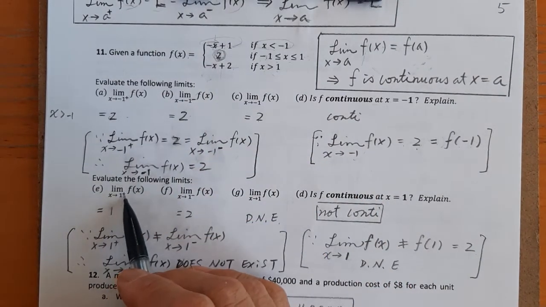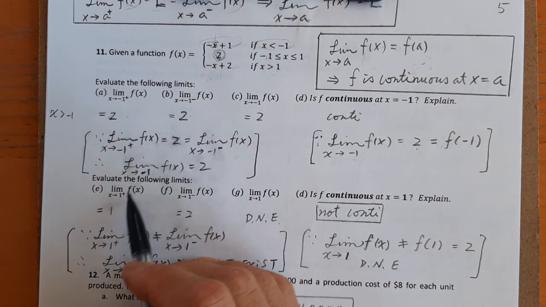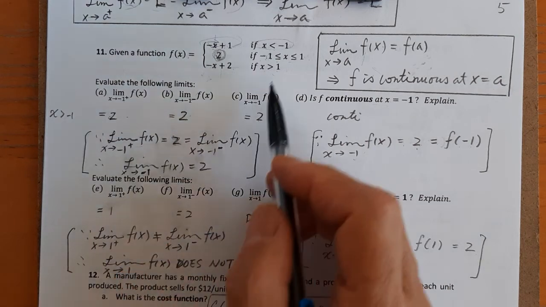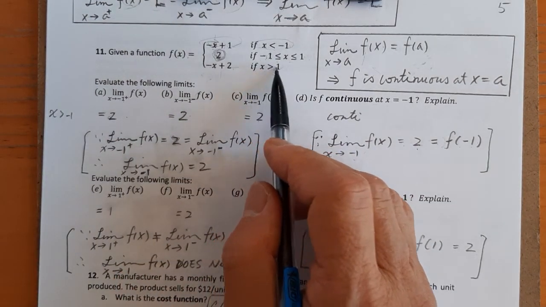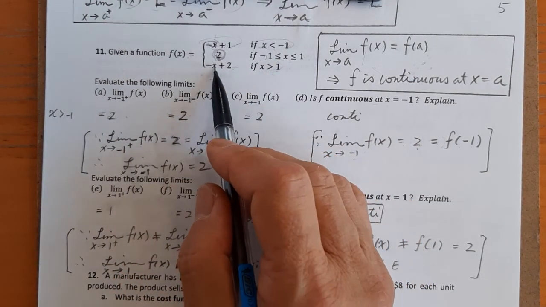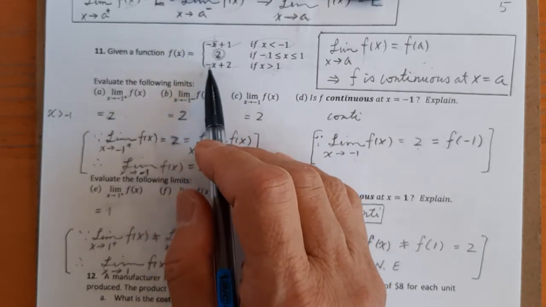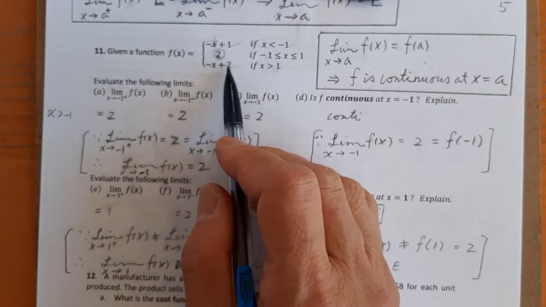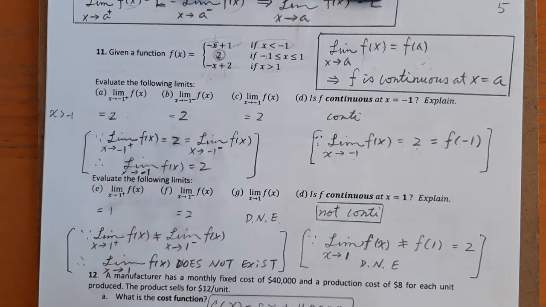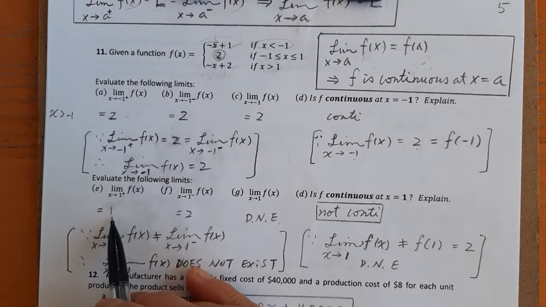When x approaches 1 from the right-hand side, which is x greater than 1, you plug 1 into this function. The limit approaches -1 plus 2, which is 1. So the limit is 1.